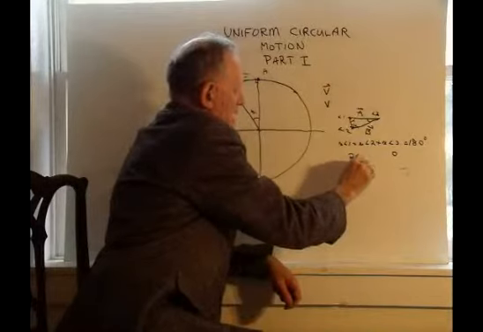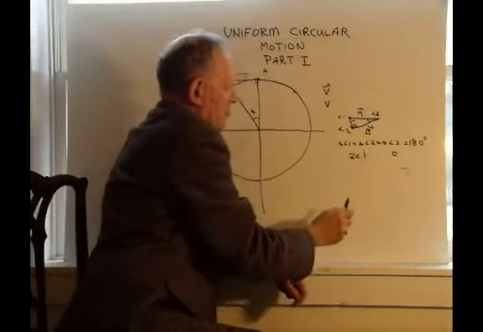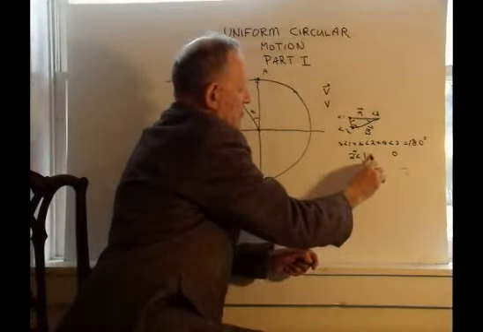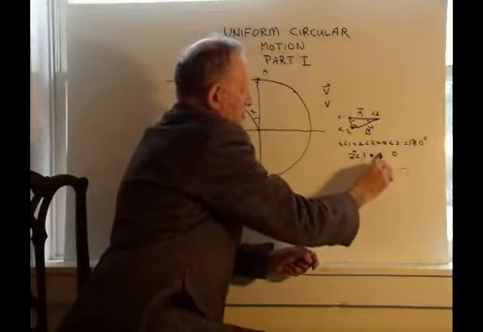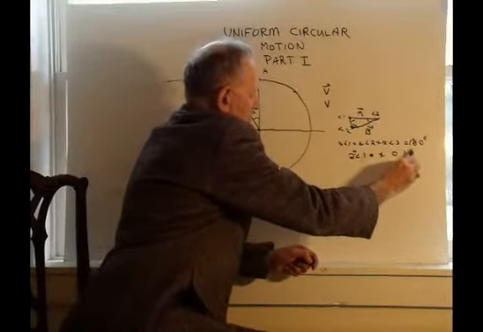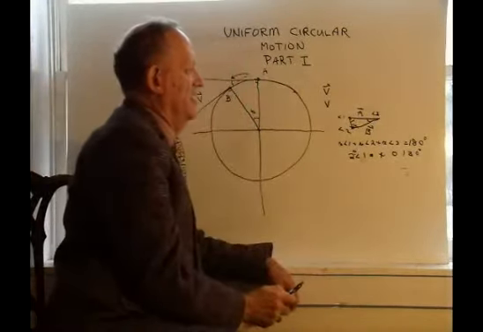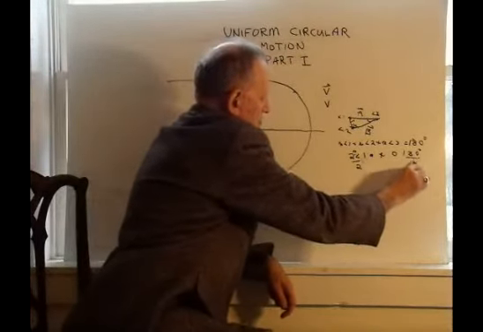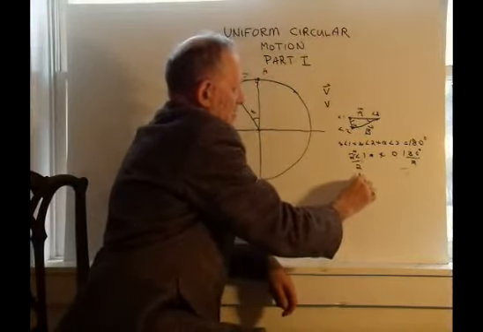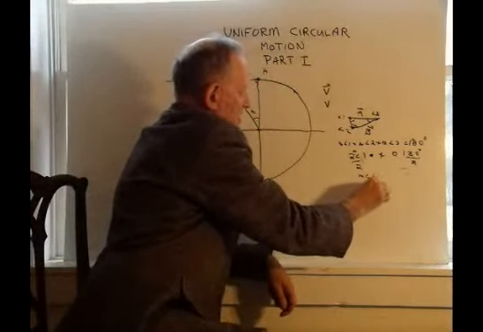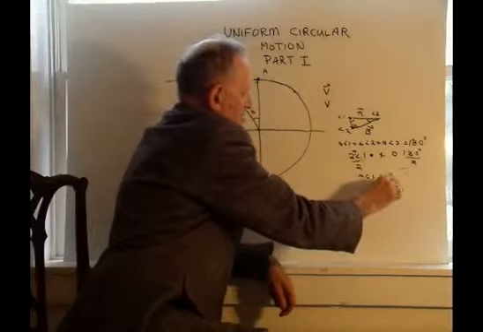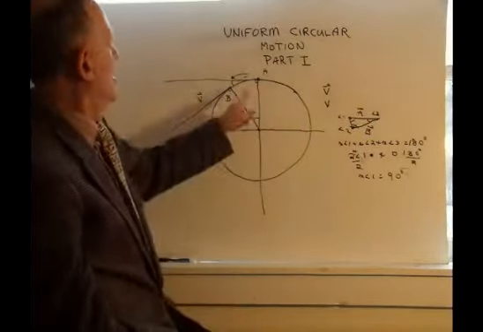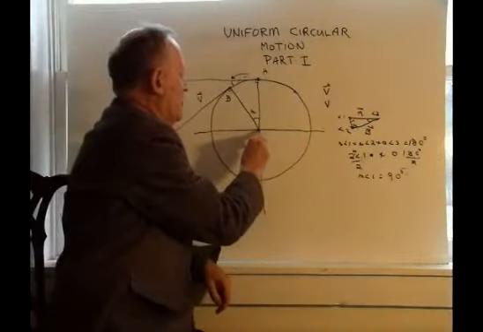Twice the measure of angle 1 plus 0 is now 180 degrees, and at that point we divide both sides by 2, and we end up getting that the measure of angle 1 at the very start of the motion is 90 degrees, which is exactly straight down to the center.